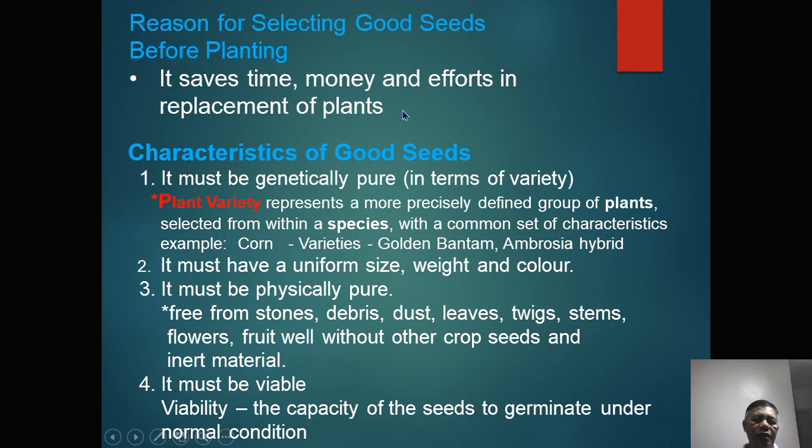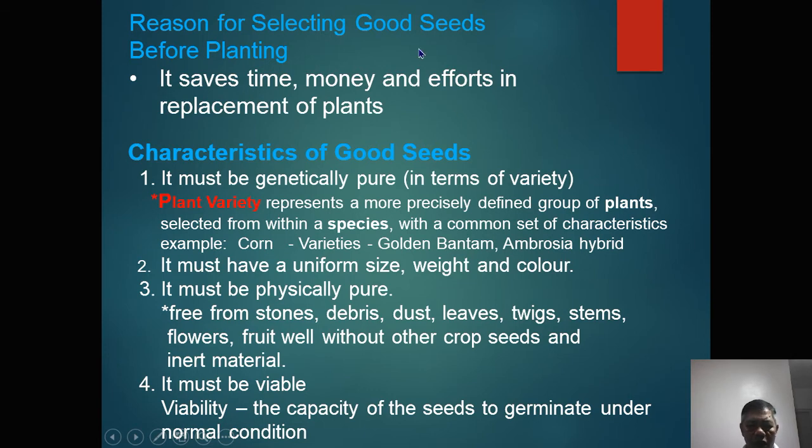And as what I've said a while ago, there are so many other reasons. Perhaps there will be delay in terms of harvest. There will be no uniform growth of your plants, and in the production of seedlings, if you are producing seedlings before they are transplanted to the growing area, sometimes they are susceptible to plant diseases and pests.